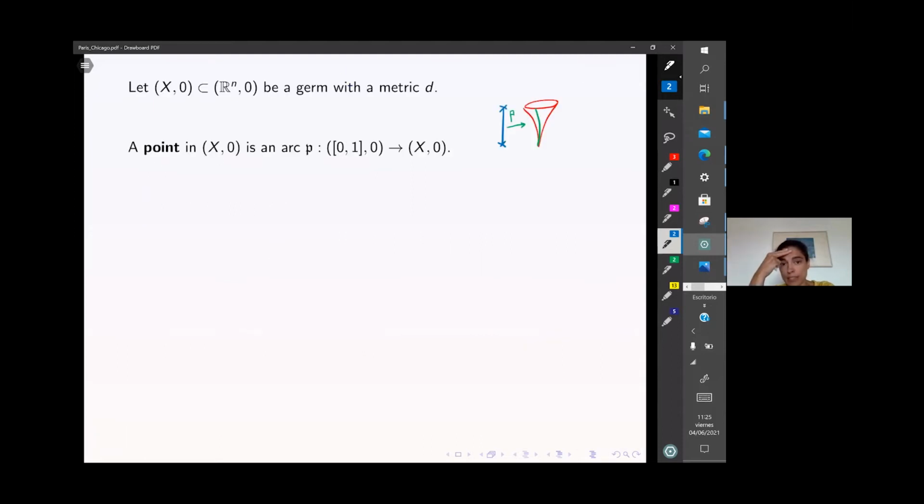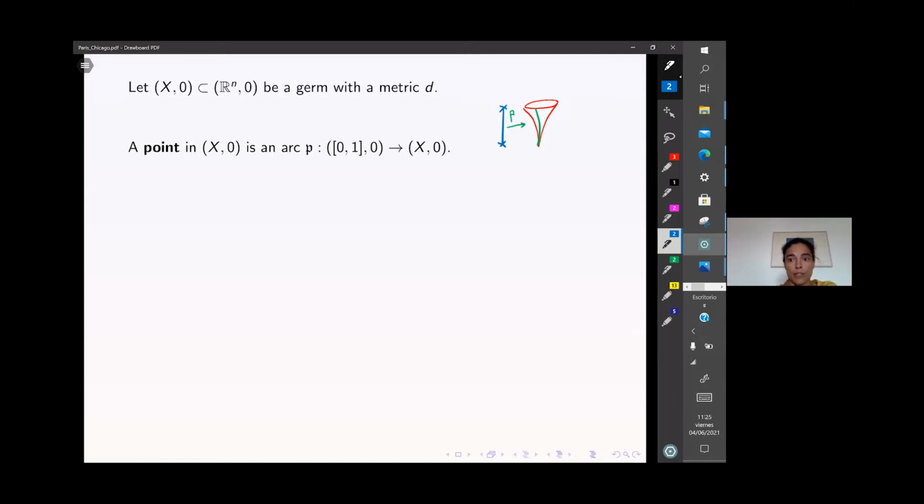So an important definition is the definition of B points. So we start with a germ, with a metric. Everything is subanalytic, as I said. So a point is simply an arc, that is a mapping from the segment, that is in fact the cone over the point, to the singularity. That's why we call it a point.